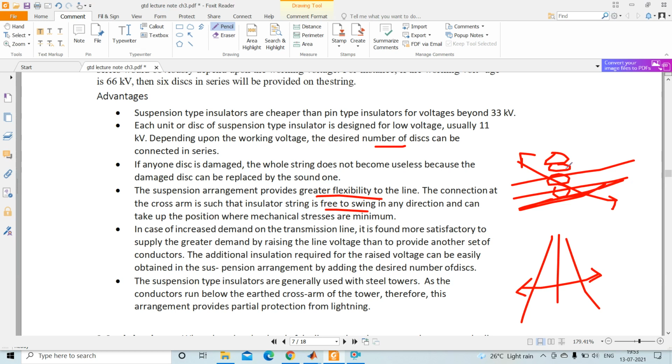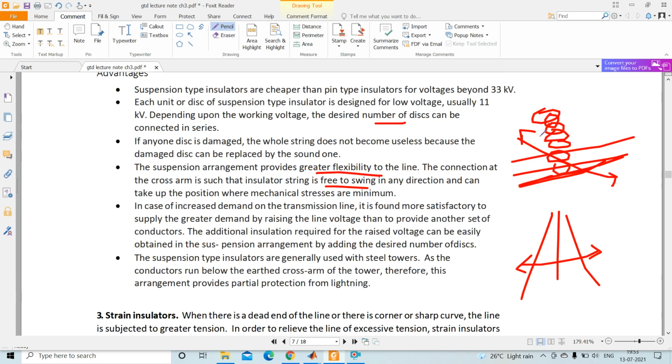So what we need to do is extend the number of discs in this string. By calculation, for 66 kV we need 6 discs. Similarly, for 132 kV we can calculate how many 11 kV discs are required.